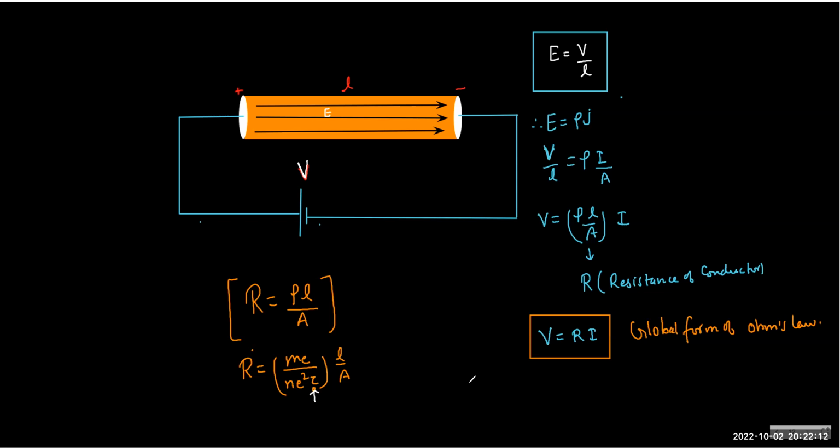So R will restrict the I for a given V. For a given V, how much I we can obtain is pre-decided by the R value. So R does not depend on potential or current. It is vice versa. It is the R which decides what relationship between V and I will prevail.